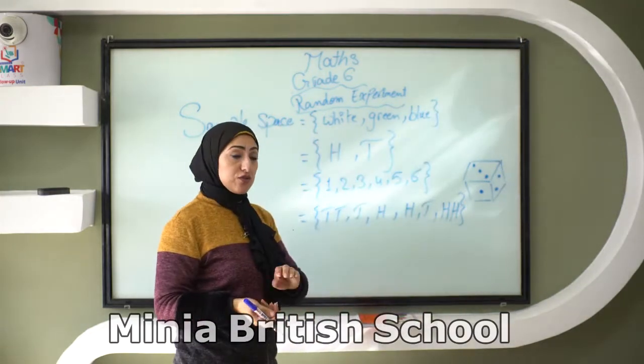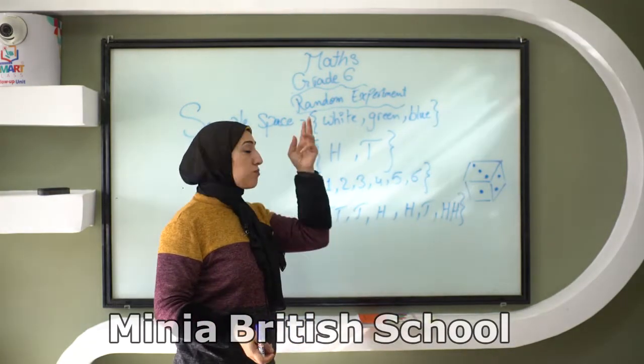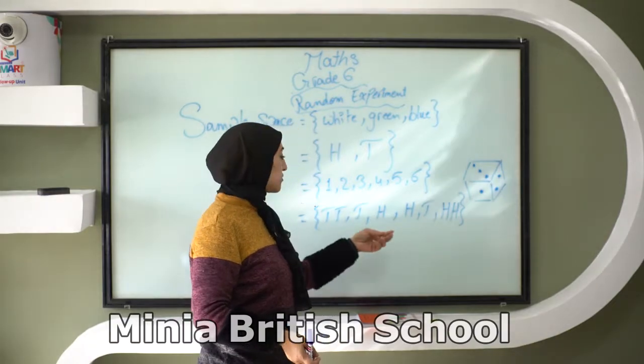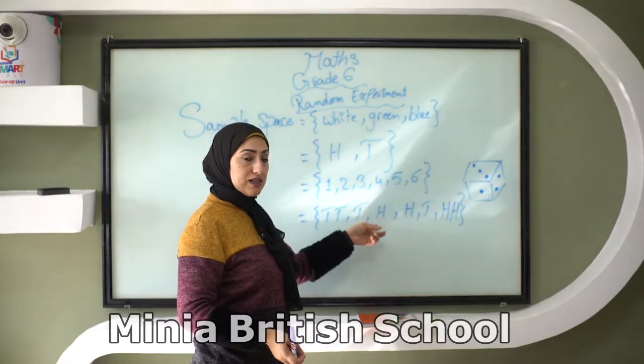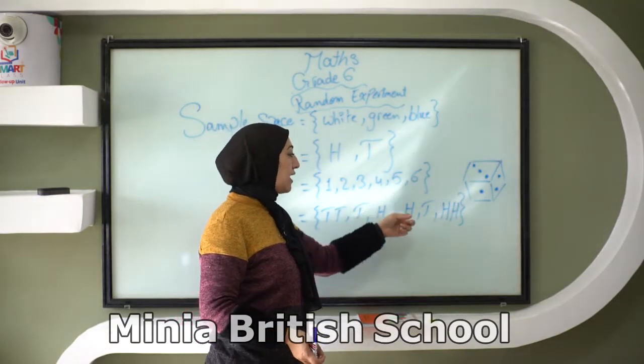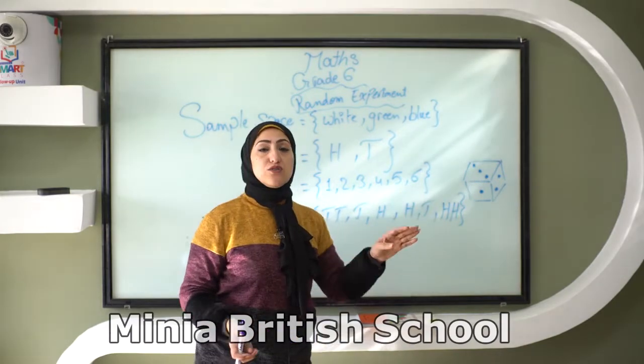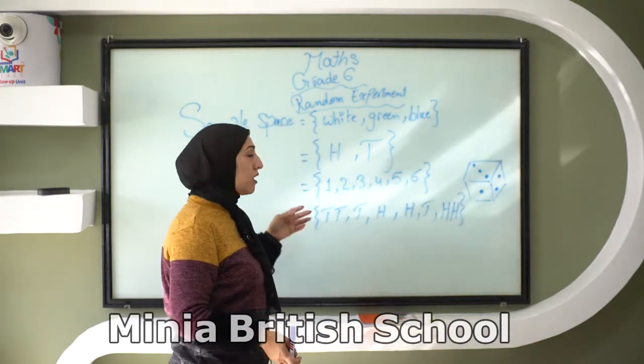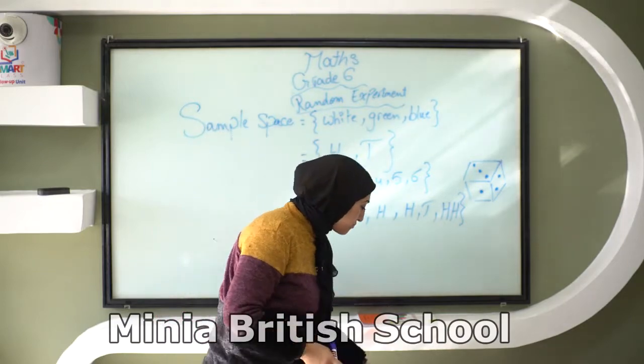So maybe both of them are tails, or both are heads, or the first one tail and the second head, or the first one head and the second tail. These are all the possible outcomes that I have.